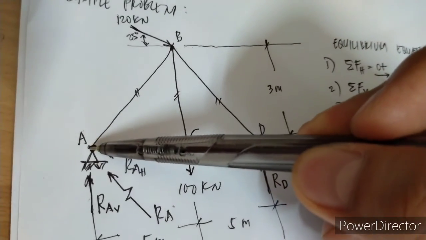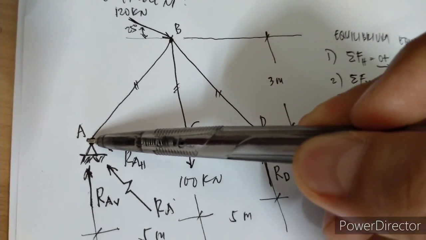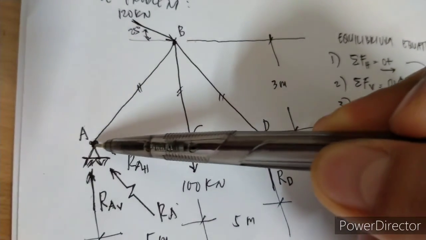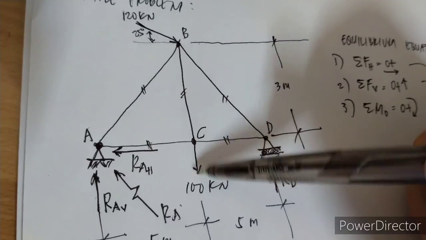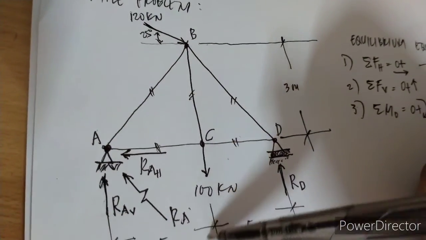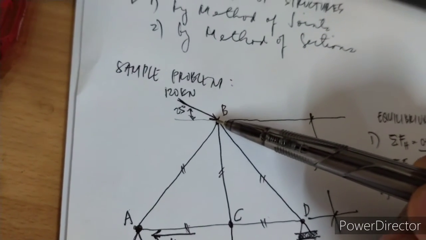Okay, so if you're going to investigate your truss, if you're going to take summation moments in here, what are the forces that are acting clockwise? What are the moments? So the moment of this force will be clockwise.